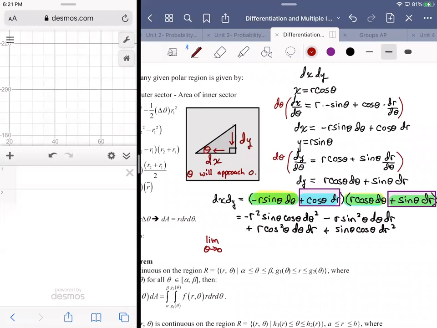But what you can say is that the limit as theta approaches 0 of dx dy becomes r dr d theta. That's where the explanation related to the diagram comes into play. If I find the limit on one side, I find the limit on the other side as theta approaches 0 of all of that stuff.